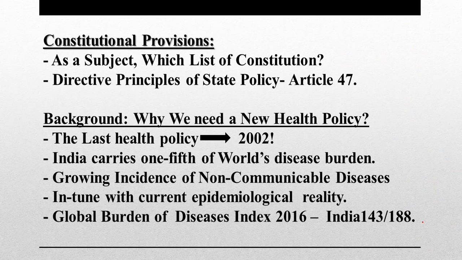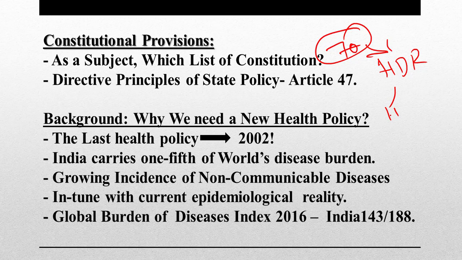Because after 70 years of independence, the health condition of our citizens is pathetic. Like today the report has come, the Human Development Report 2016. Under that as well, health indices measured in terms of life expectancy are shown to be in a poor light.